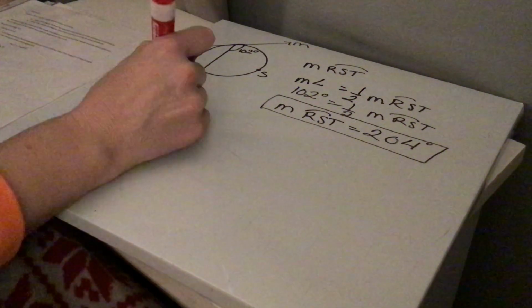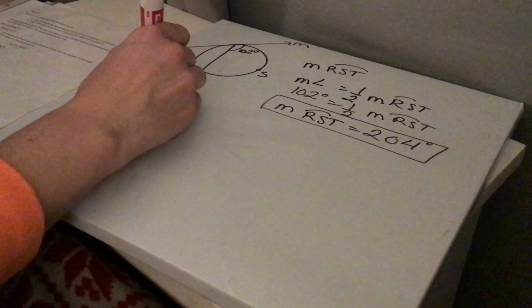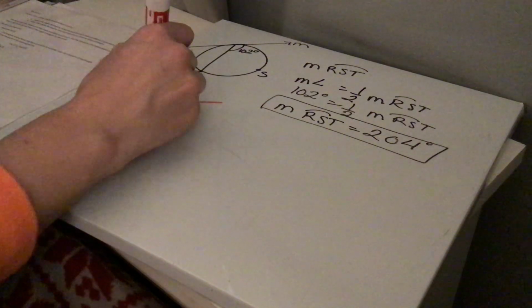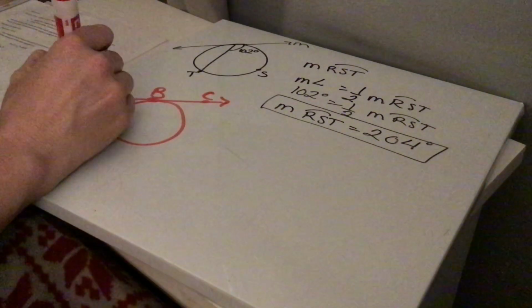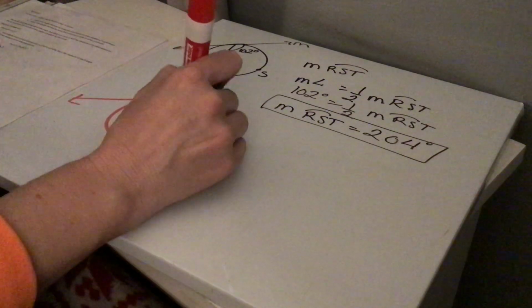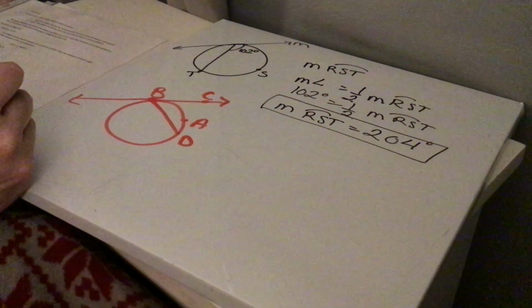All right, another one. Here's our circle. Line BC is tangent to the circle. Here's point B and C. And then line BD is here, and point A is out here.